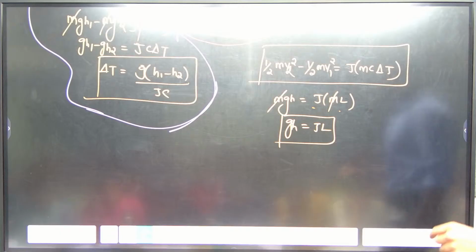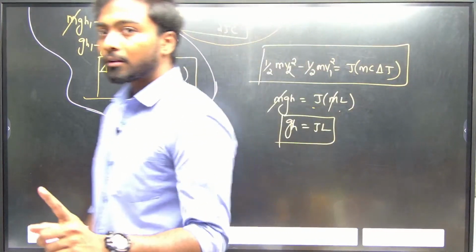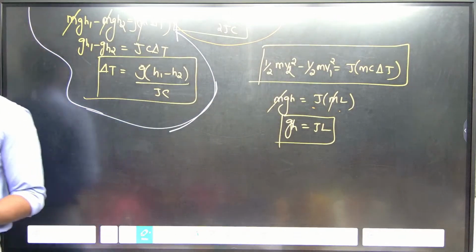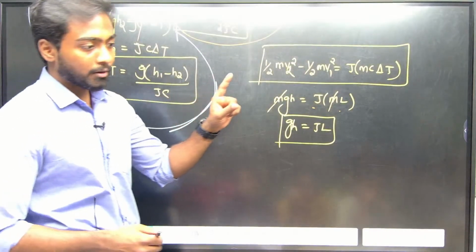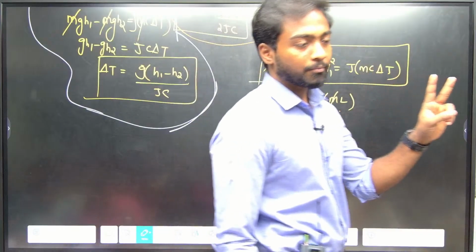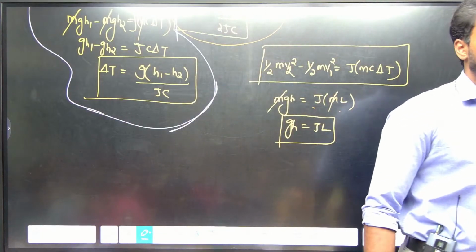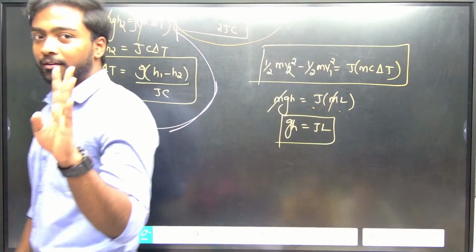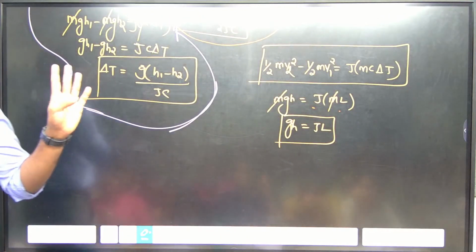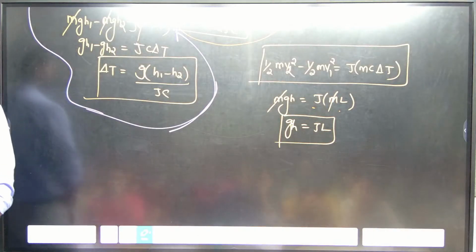Okay. Now the question is, listen. 1 kg of ice I have taken, it is falling from height h, and after falling it completely melts down. I need to find the height from which the object is falling.